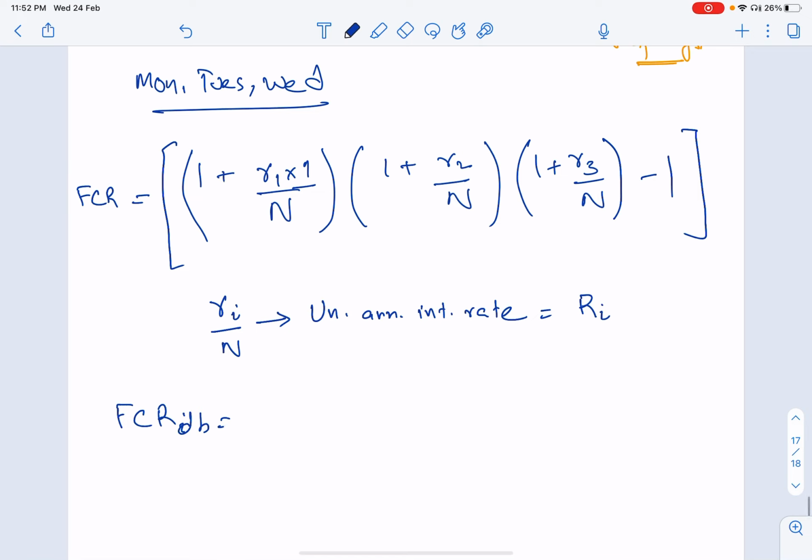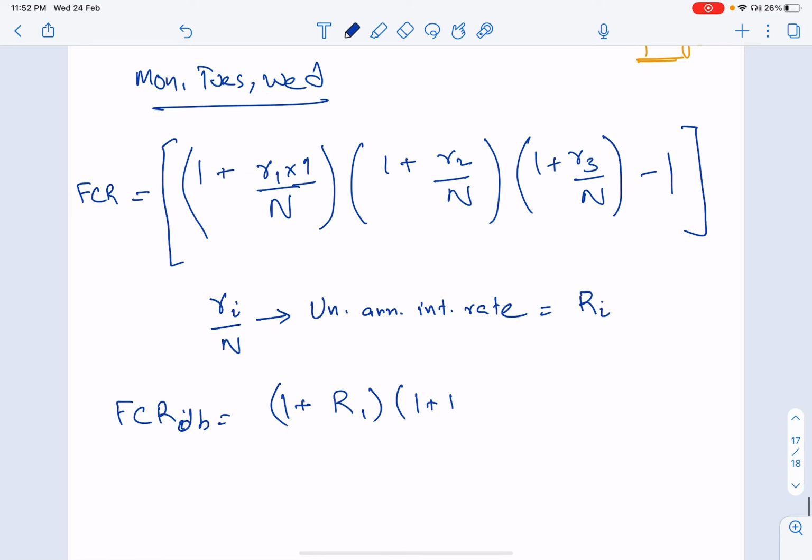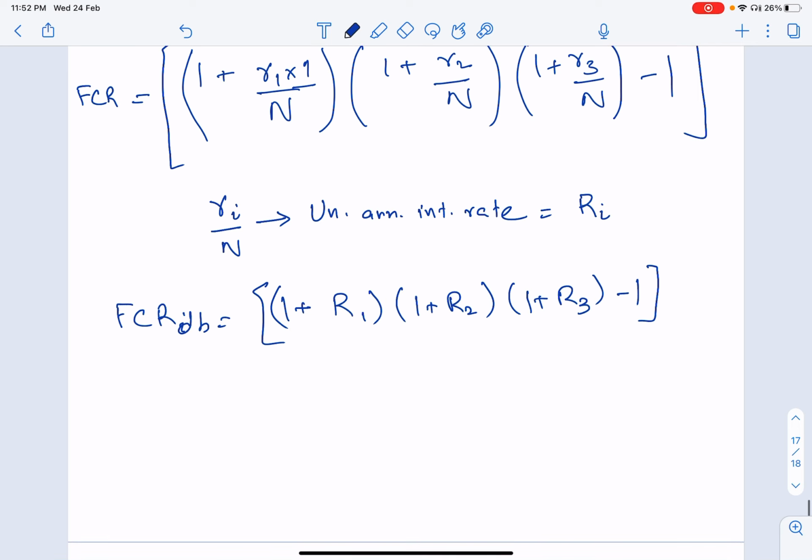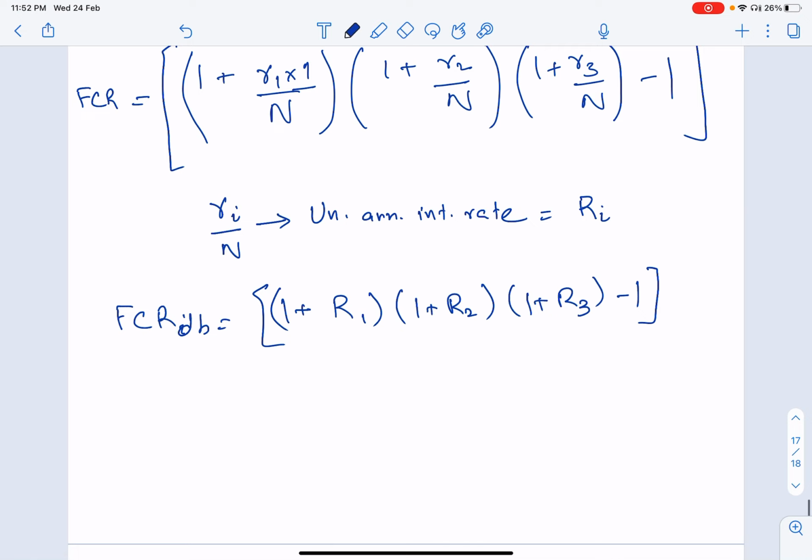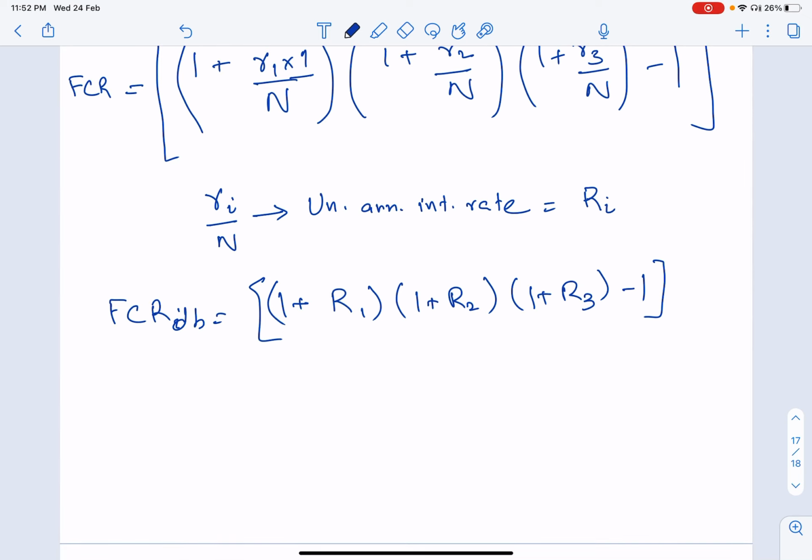FCR dB, sorry, becomes 1 plus R1, 1 plus R2, 1 plus R3, minus 1. This is just the interest rate, so this gives me the interest rate in percentage terms.